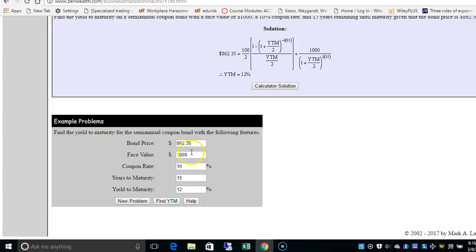We paid $862 to get $1,000 back, which is a good deal. But keep in mind, we have to wait 15 years to get that $1,000 back. So the time value of money discounts the face value. Also, the coupon rate at 10% on $1,000, we're going to get $100 a year or $50 every 6 months over the next 15 years, or 30 payments. That has to get discounted.